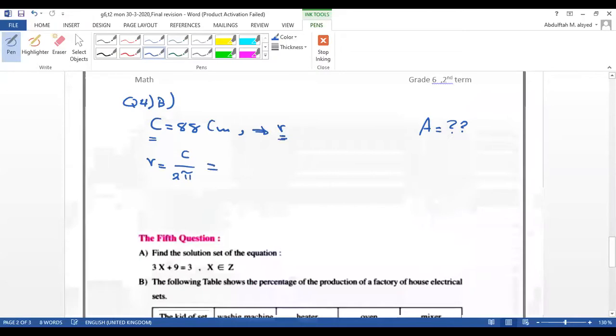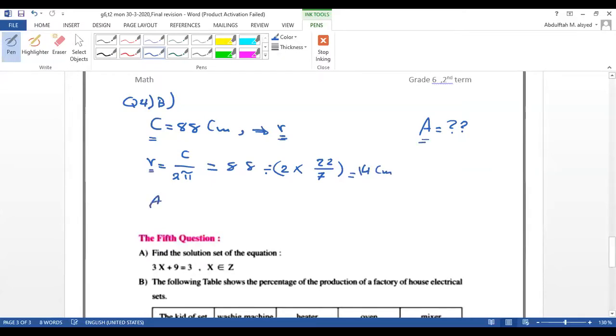Okay, circumference is 88. Over means divide. 2 times pi, which is 22 over 7 or 3.14, equals 14 centimeters. So now you have found the radius. Now you can find the area.